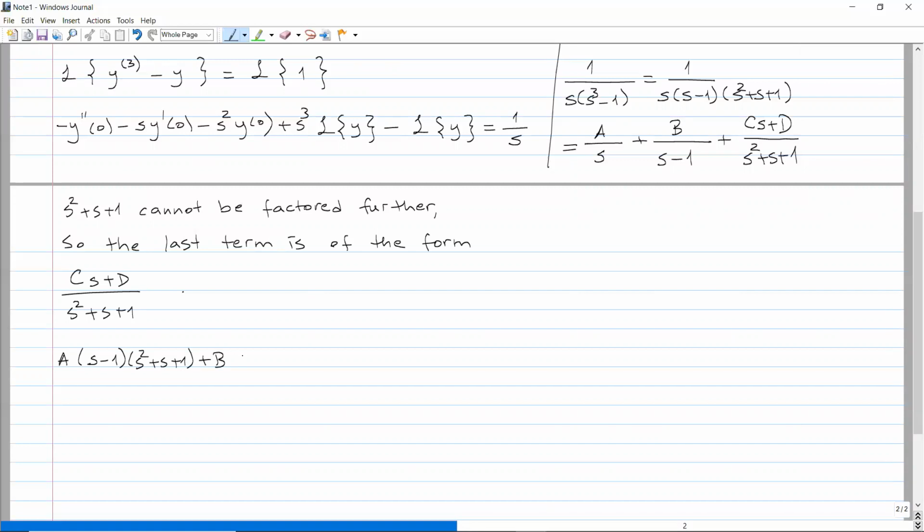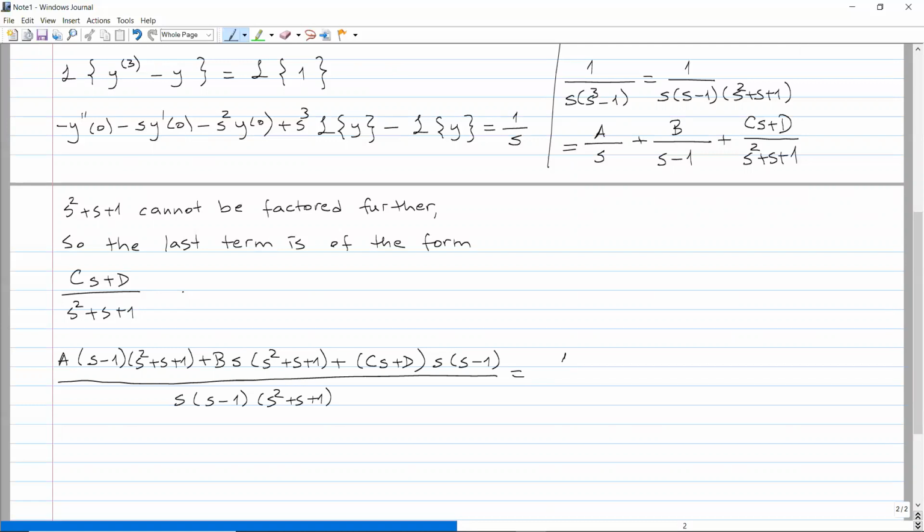We multiply b with s times s squared plus s plus 1, and the numerator cs plus d with s times s minus 1. If we do this, we get the common denominator. And this should be equal to 1 over this. So the numerators should be equal.